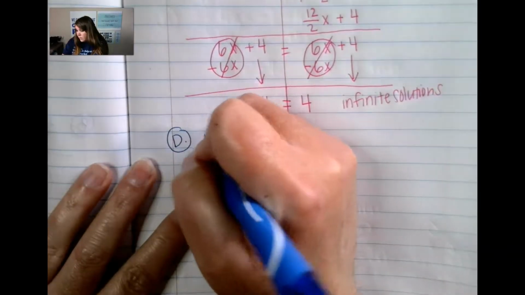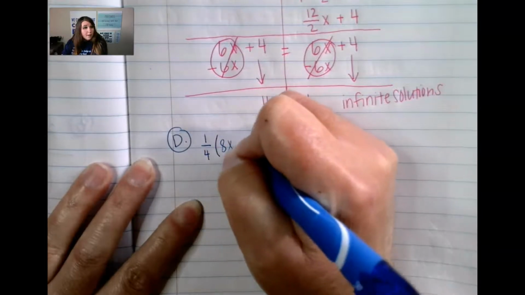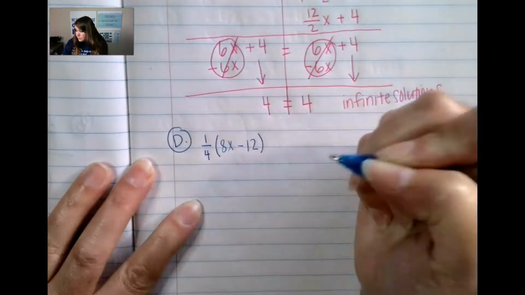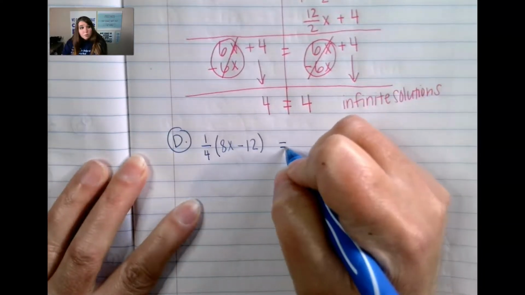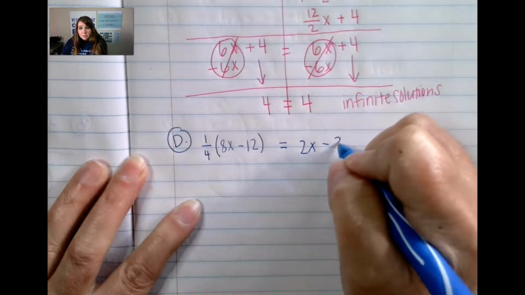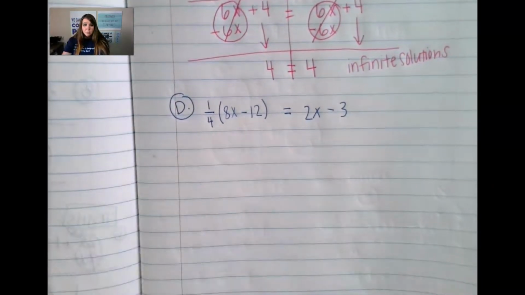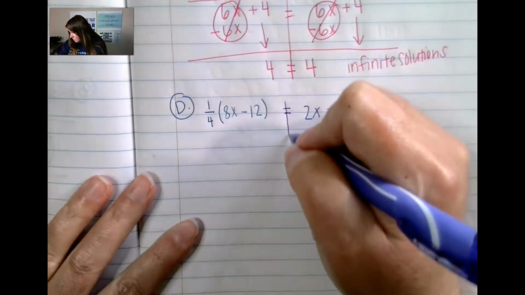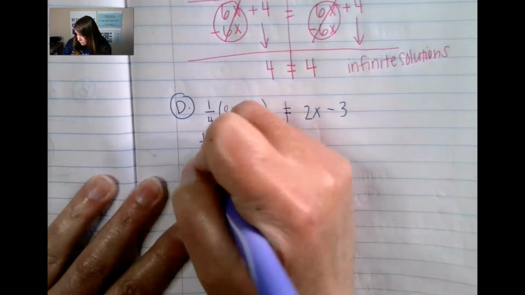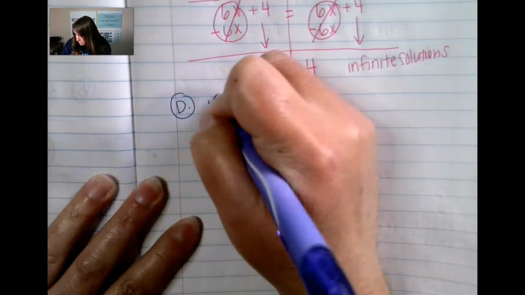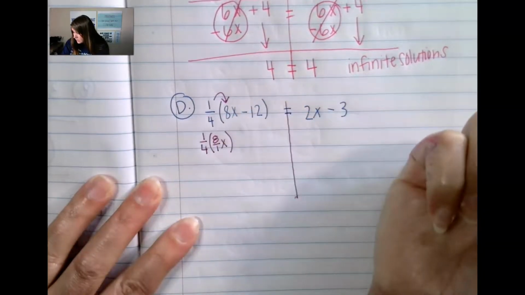All right, so we have 1/4 of 8x minus 12. So that means that we have to distribute a fraction all the way through, equals 2x minus 3. So this is good practice right here to distribute this fraction because we have not distributed a fraction yet. So I have 1/4 of 8, or 8 over 1x, like this.